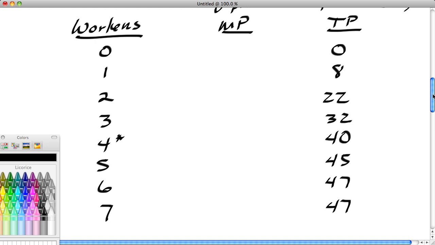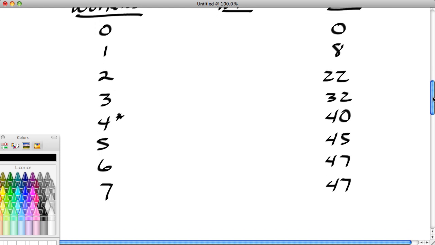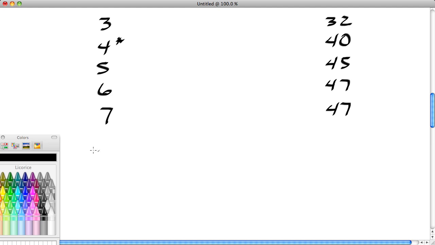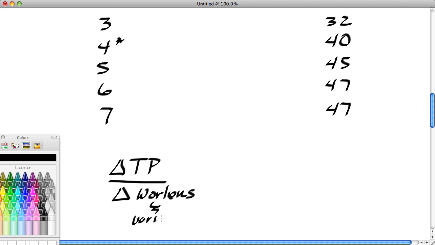But before I do that, let me define a few terms. If you take the change in total product, this triangle here is delta, and divide it by the change in workers. Now remember what workers are. Workers are the variable input. So if you take the change in total product and divide it by the change in workers, you're going to get something called marginal product.